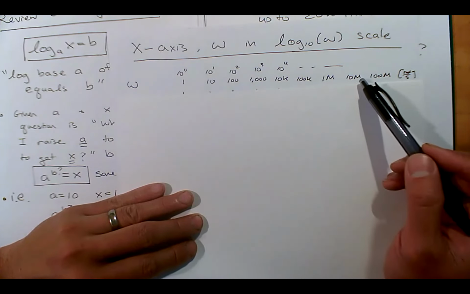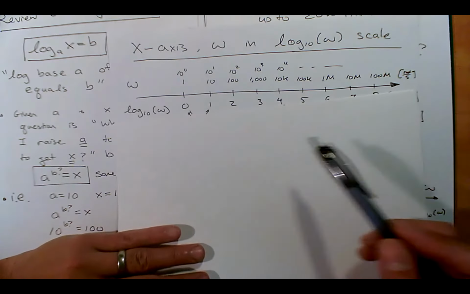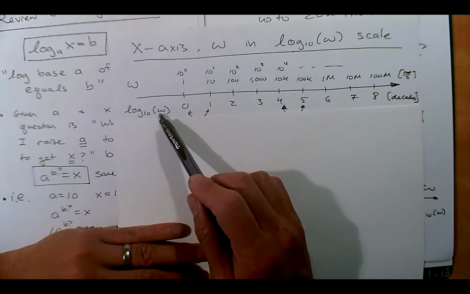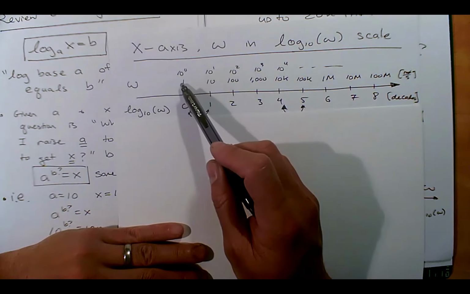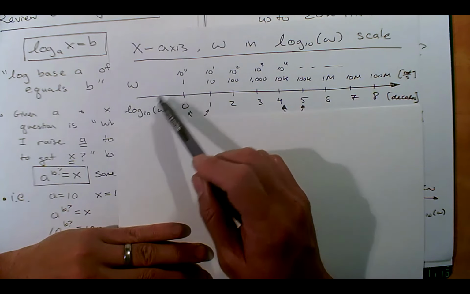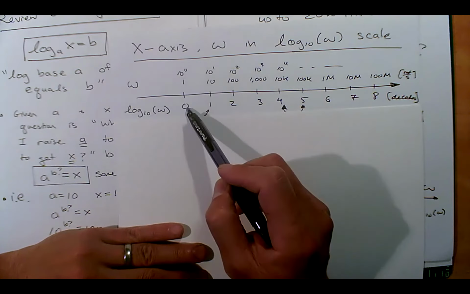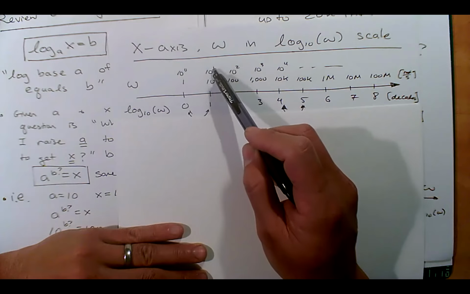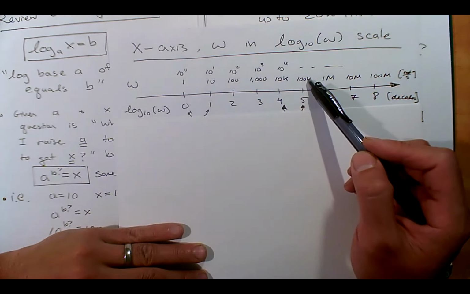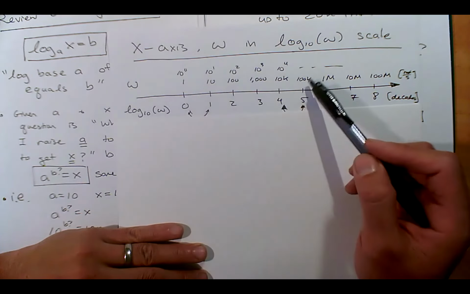Now if we do log base 10 of omega, what do we have? Log base 10 of 1. What do we raise 10 to get 1? 0, so we put a 0 here. What do we raise 10 to get 10? 1. What do we raise 10 to get 100,000? 5.